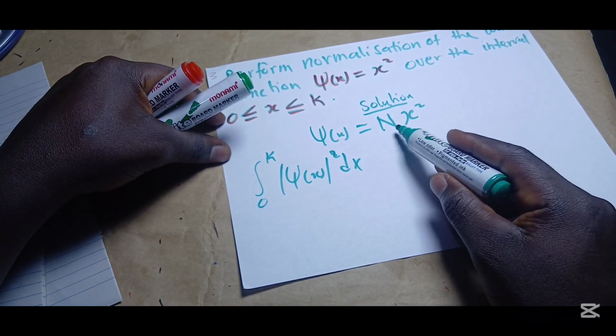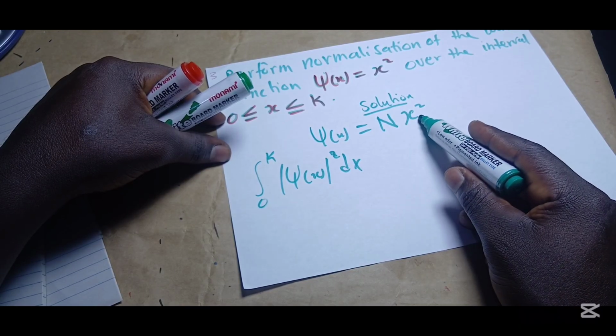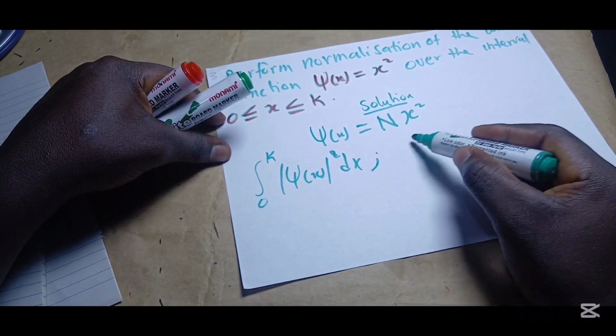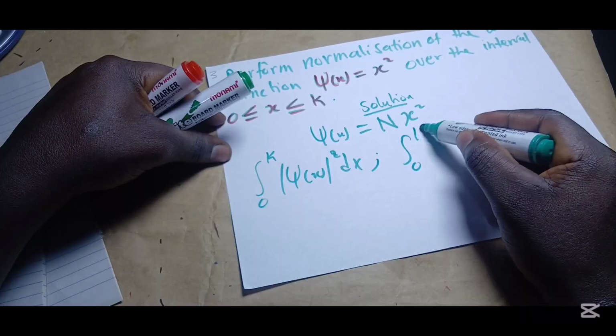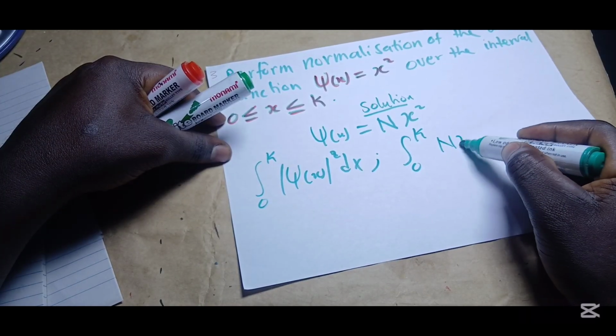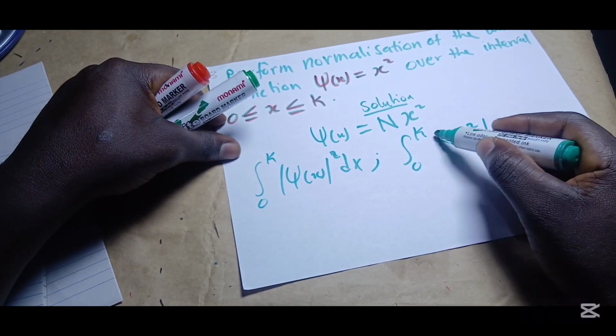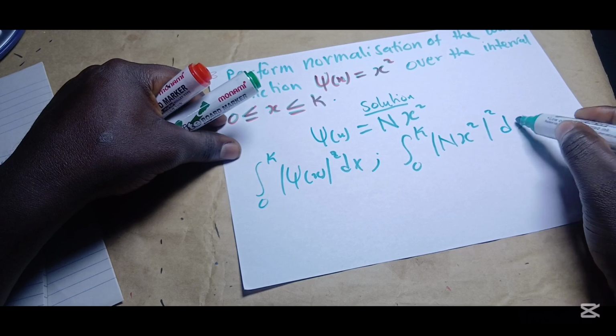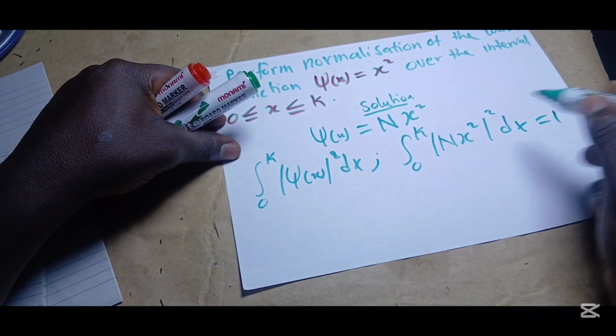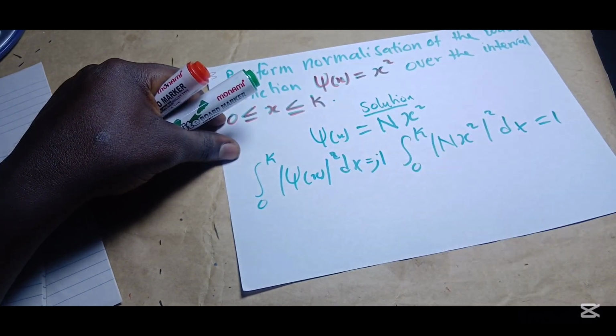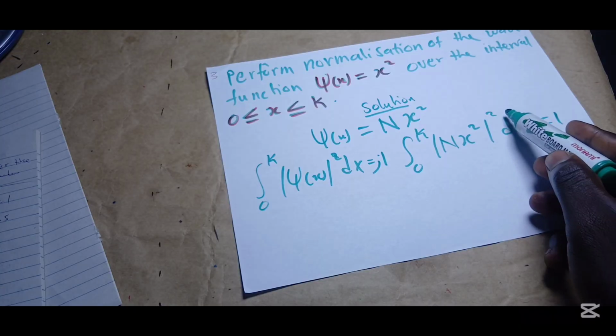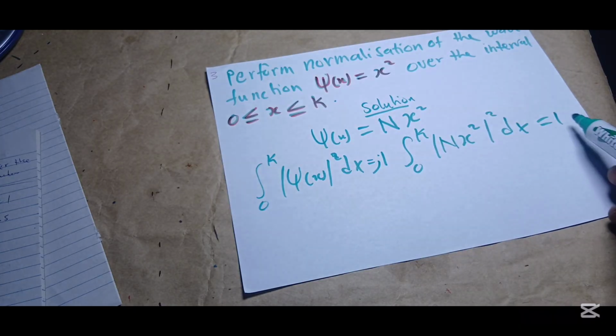The wave function now is n x squared. So the integral from 0 to k of (n x squared) all squared dx should be equal to 1. When it's normalized and we evaluate this whole thing, it will give us 1.